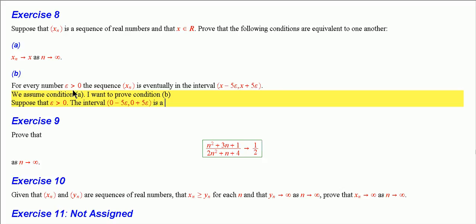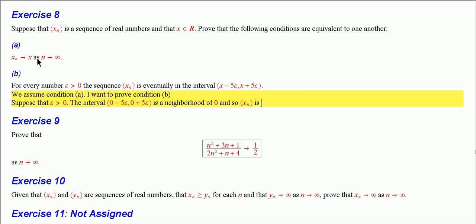It's a neighborhood of 0. And so, look, what are we assuming? We're assuming condition 1. The sequence must be eventually in that neighborhood.